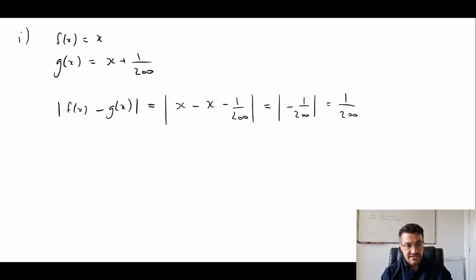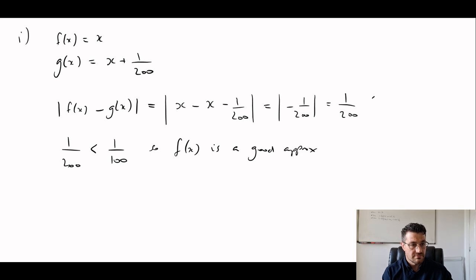Now, this is clearly less than 1 over 100. So f of x is a good approximation to g of x. And again, write it out. Just take the bit of time that it takes. Don't balk at it. Just get on with it.